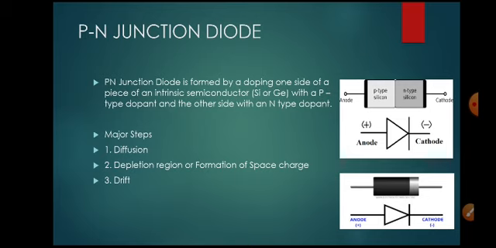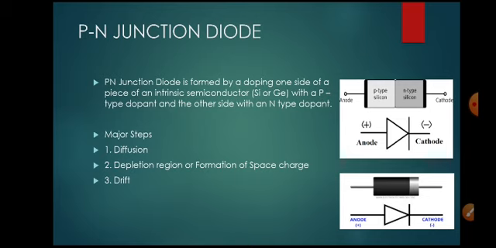So half of the area is doped with p-type, so it becomes p-type, and the other half is n-type. The combination of these two is called a PN junction diode.